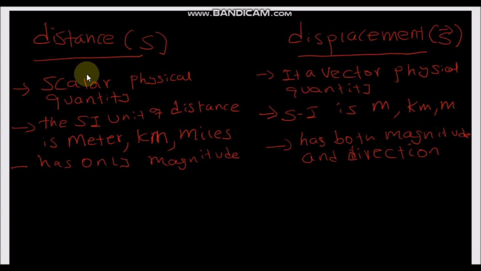Let's see. Let's say this car moves from this initial position x naught, or s naught, we can say s naught, initial distance. x and s, no problem, we can use either to represent the distance or the displacement.